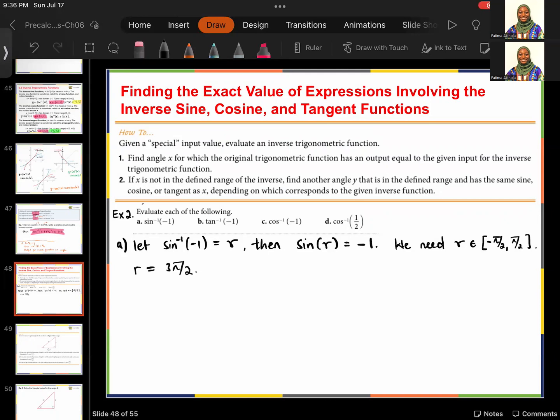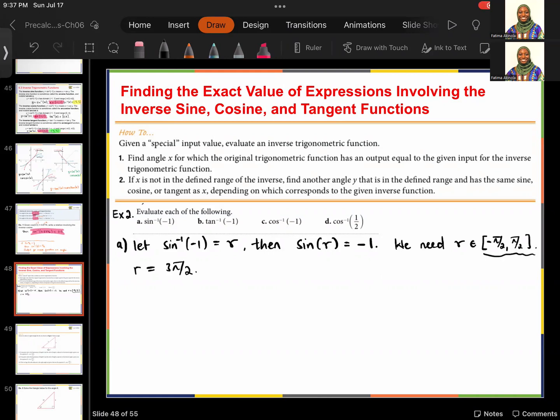But again, remember, we're trying to make sure that the angle is in the right interval, and 3 pi over 2 is not in this interval. So what we have to do now is find an angle that is the same as 3 pi over 2, but within that interval.